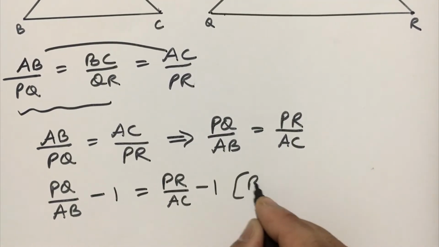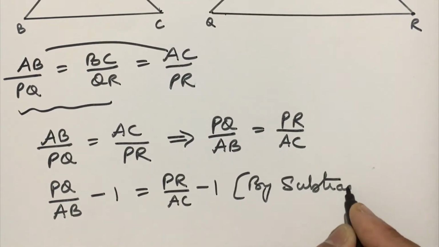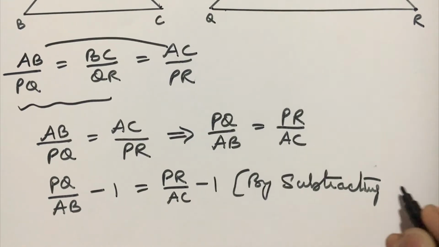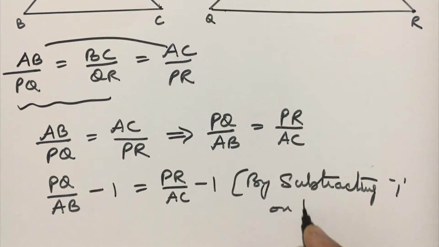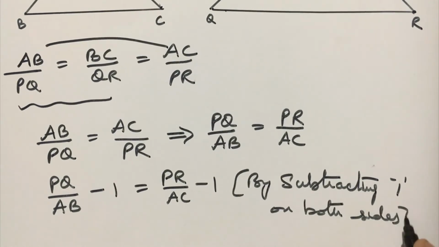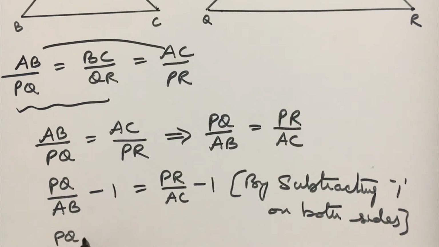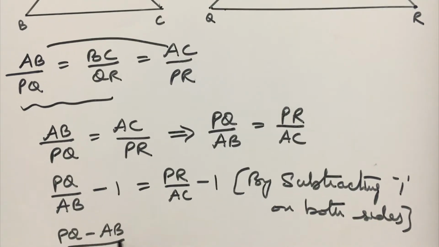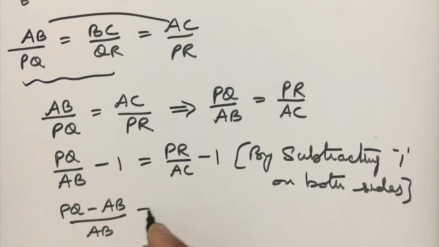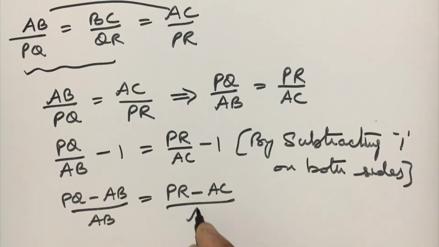Here you write the reason: by subtracting 1 on both sides. Always remember, in geometry you have to write the reasons in the bracket. So, after this you are going to get PQ minus AB by AB is equal to PR minus AC by AC.